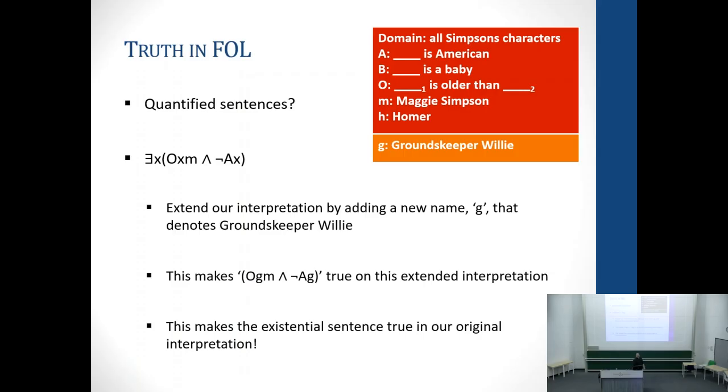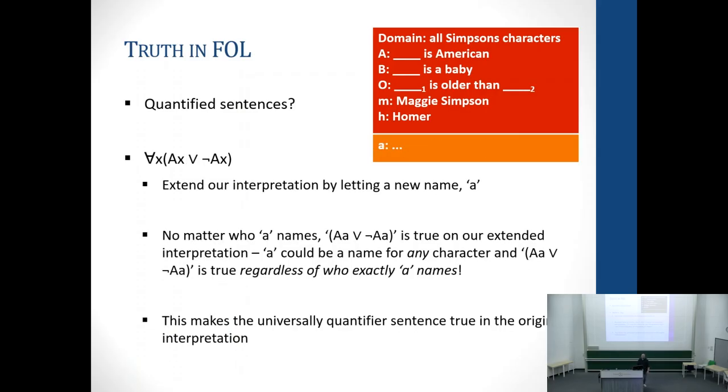The universal is a little bit more complicated. So our universal. Recall that this one, our third one, was supposed to come out true. So how do we do this? Well, it's the same process. We take our interpretation and we extend it by introducing a new name. But this new name is kind of a dummy name. It's not going to be mapped to any particular individual in the domain.